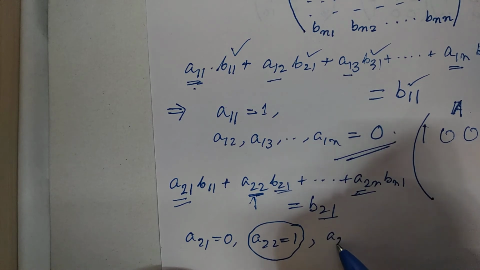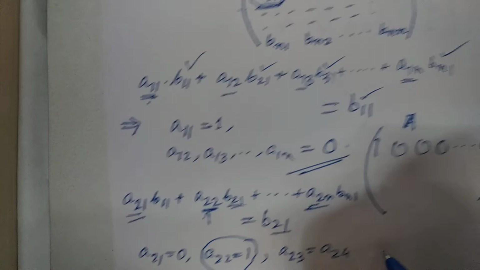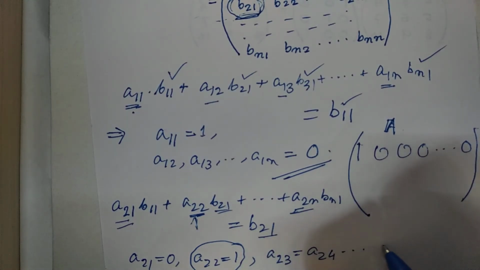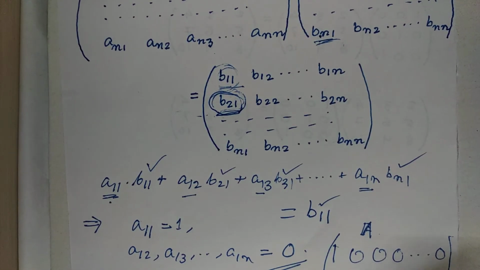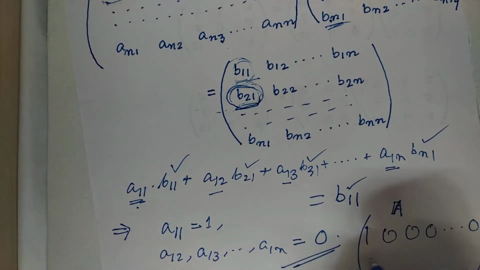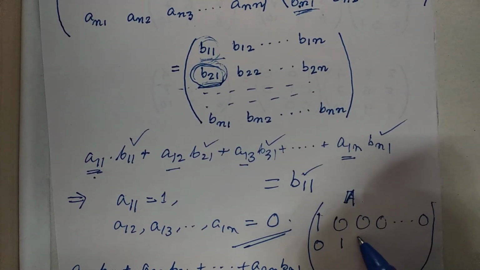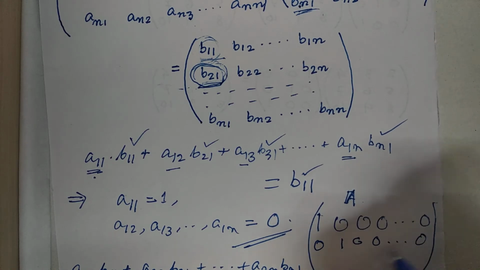Then A23 equal to A24 up to A2n is equal to 0. The second row of A becomes 0, 1, 0, 0 up to 0.